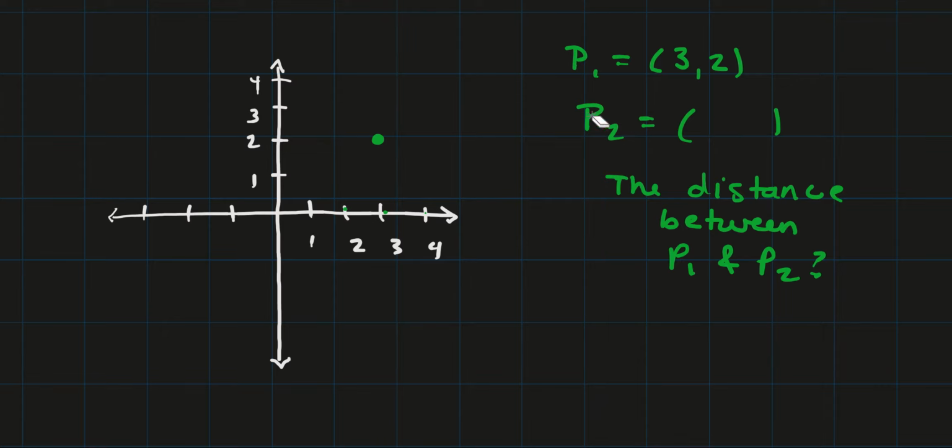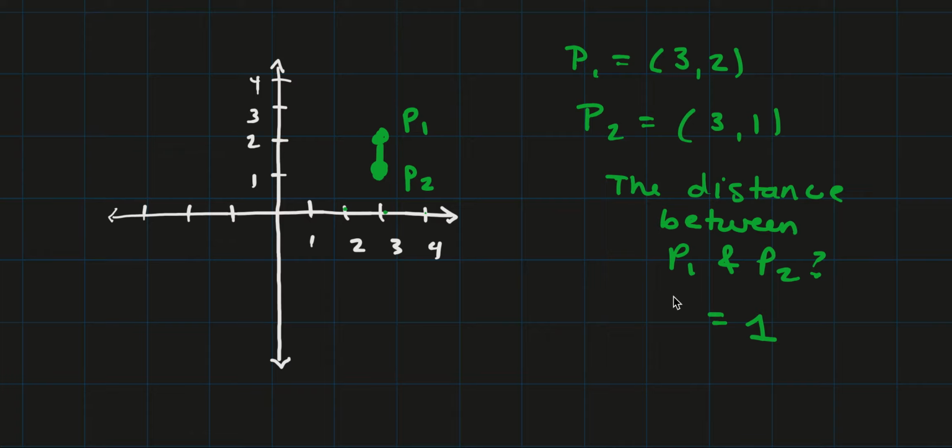Let me fix the x. So I'm going to say this is (3, 1), and this is P1, and this is P2. I want to know what's the distance between these 2 points. So what is this length in between the 2? And you say, oh, I just have to take 1 step to get between P1 and P2. So you say the distance is 1.